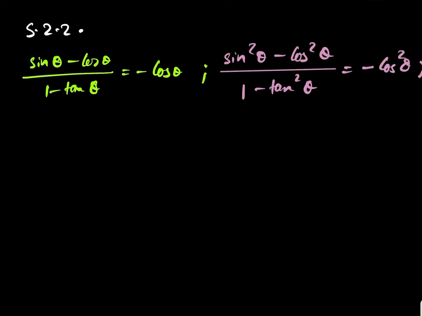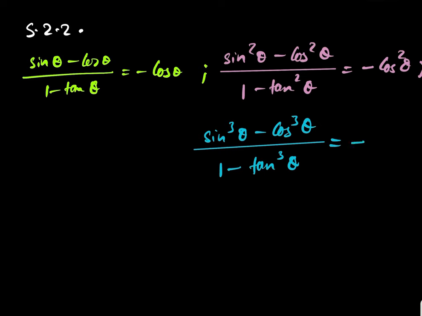Now, the last part of it, very interesting. This should be sine cubed of theta minus a cos cubed of theta divided by 1 minus a tangent cubed of theta. That is equal to negative cos cubed of theta. They are saying for which values of theta in the pattern, this is your pattern, as the identity there, is it undefined.